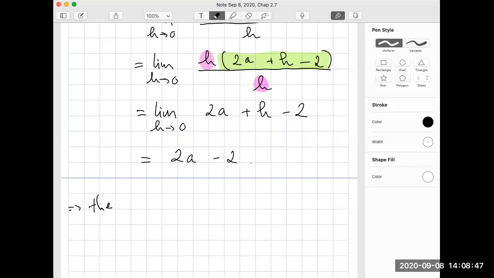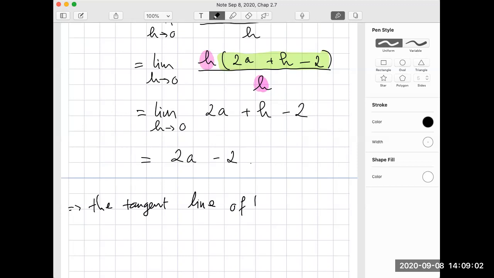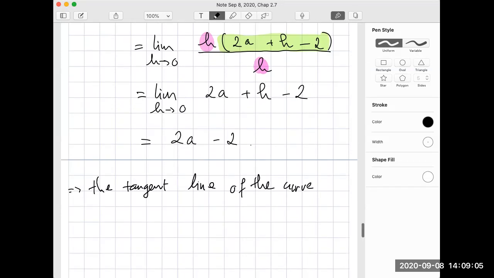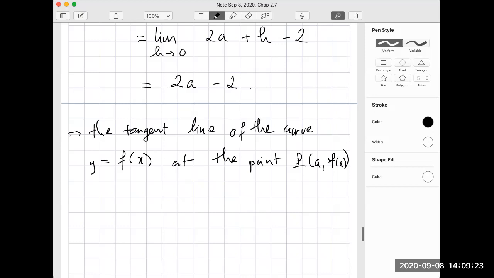Therefore, the tangent line of the curve y equal to f of x at the point P, a, f of a is given by y minus f of a is equal to f prime at a times x minus a. Okay?